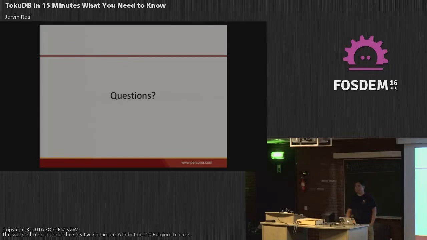Yep. About fragmentation, it tends to fragment the table naturally when you insert because of the fractal tree. What level of fragmentation do you still get that you need to monitor? The only real problem in terms of fragmentation is when you have too many messages that are not flushed to the leaf nodes.